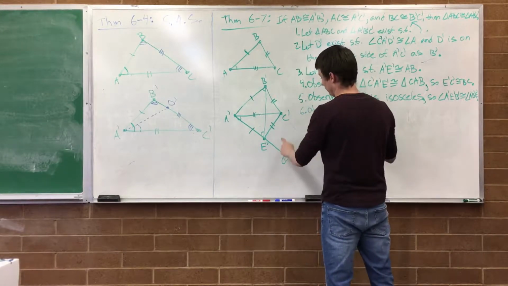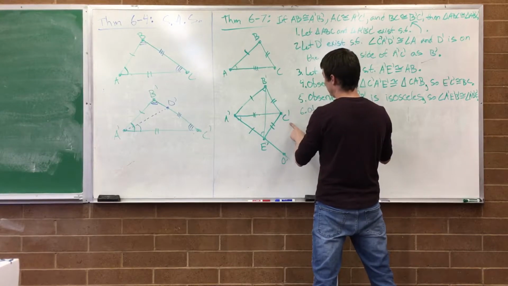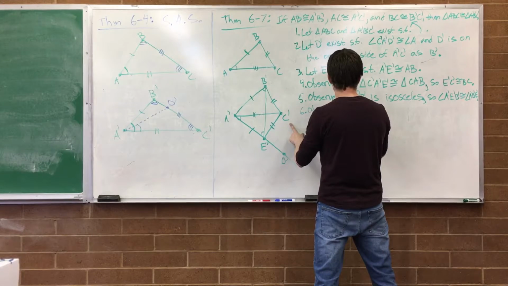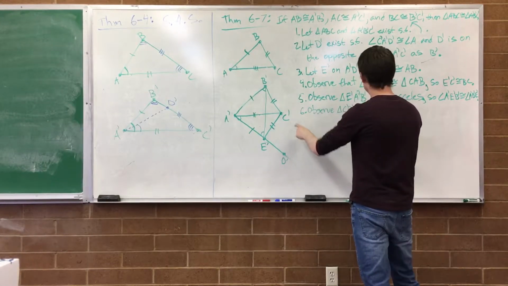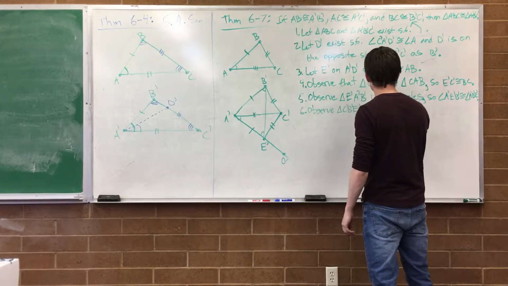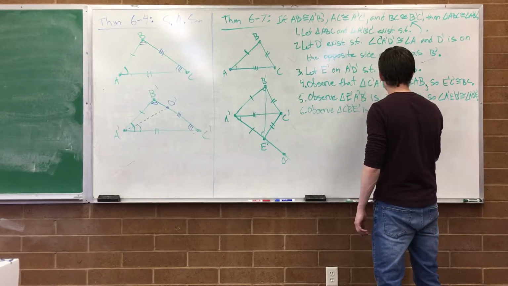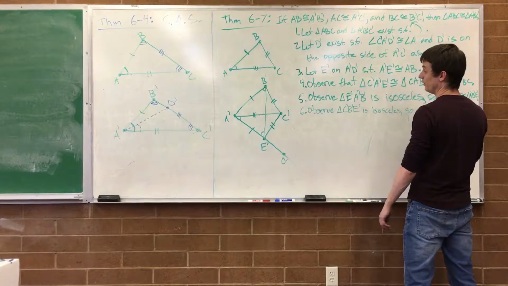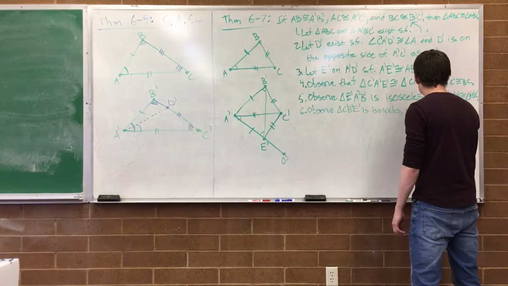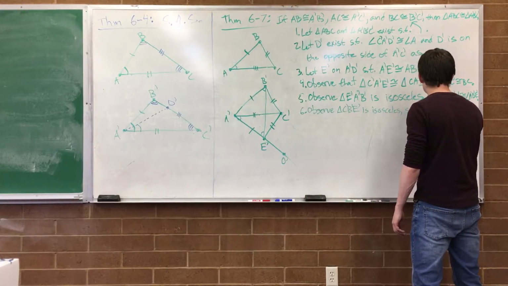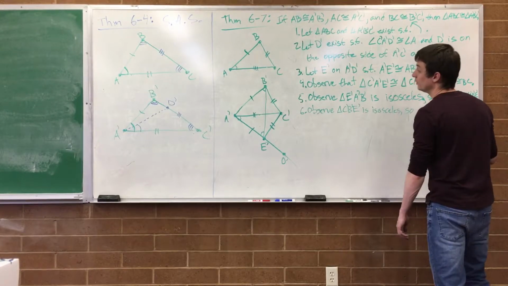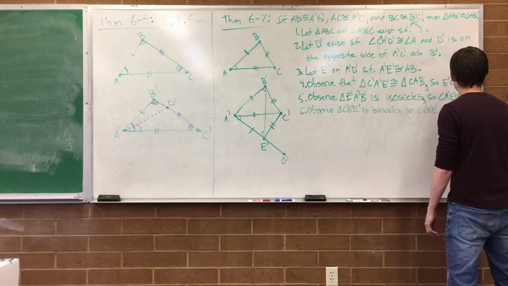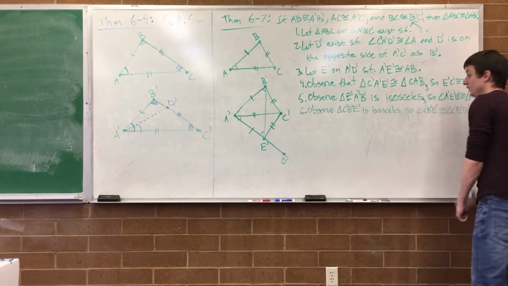6. Observe triangle C prime, B prime, E prime is isosceles. So angle C prime, B prime, E prime is congruent to angle C prime, E prime, B prime.